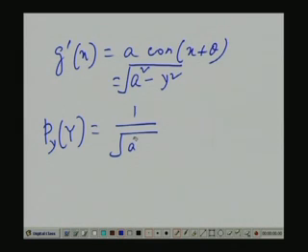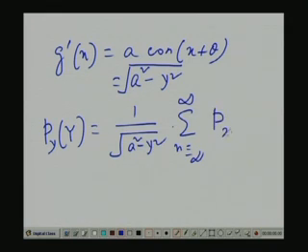So, this is a common factor, and then summation n from minus infinity to infinity p x x n.